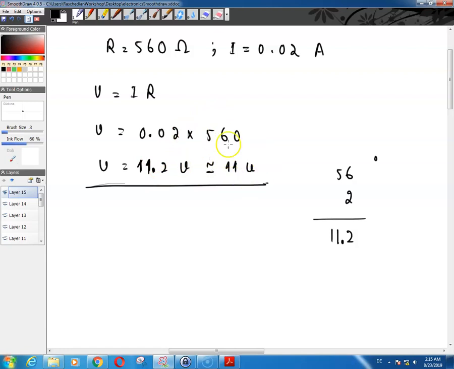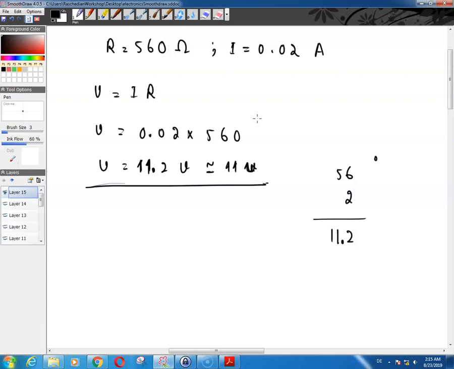How you deal with your number depends on what you're doing in that particular situation, and you will know that based on the project that you're working on.